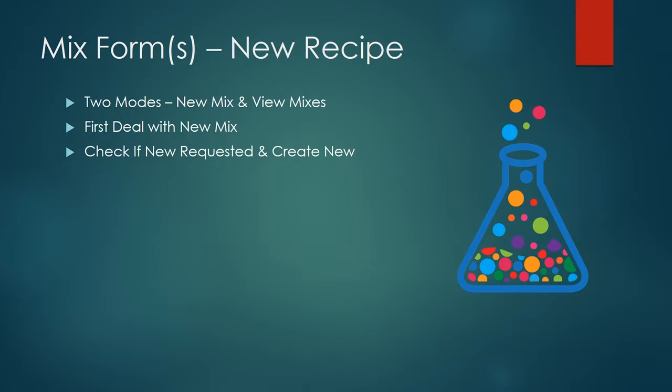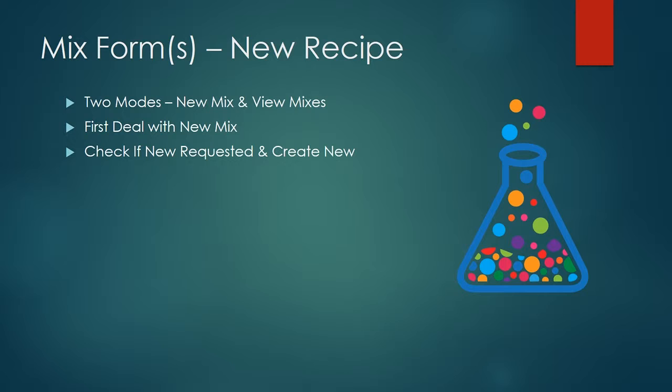So we know that this form, or basically a form with a subform, is going to have two modes. It's going to be to create a new mix and also to view existing mixes for a particular recipe. Now, as we don't have any actual existing mixes for a recipe, and that bit's going to be pretty straightforward anyway, we're going to start off with creating a new mix.